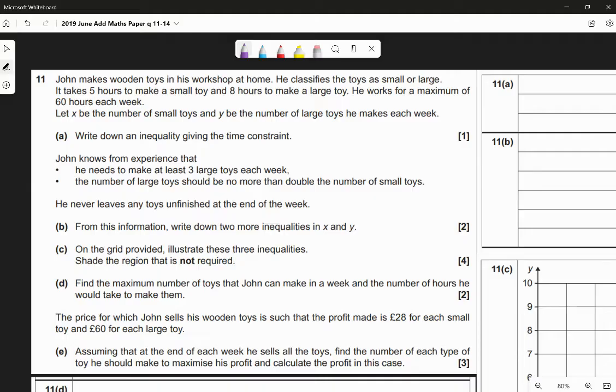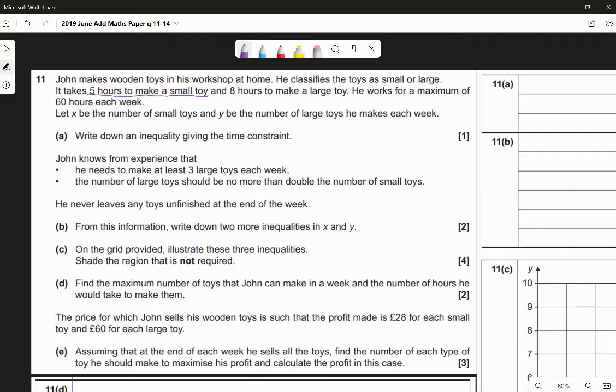Let's see if we can get a sense of x and y within the inequality. x is the number of small toys. Each small toy takes 5 hours to make. So if I made 2 small toys, that would be 10 hours. 3 small toys, that would be 15 hours. 7 small toys, that would be 35 hours.